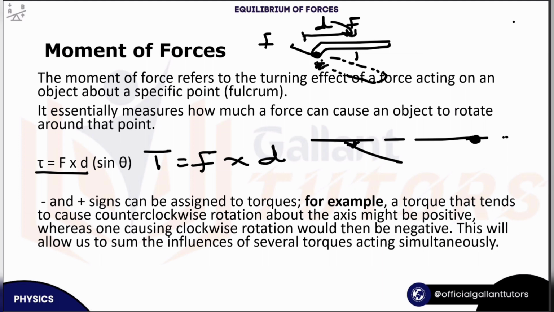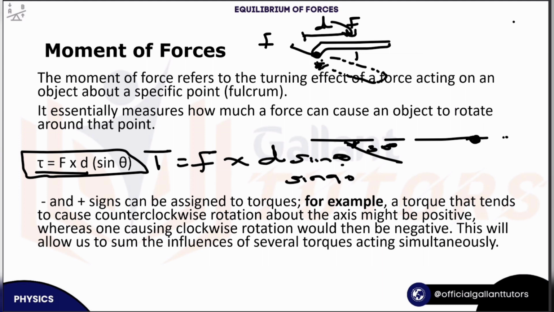Just use this in any scenario, which is what? Sine theta. If it was 90 degrees, you expect sine to be 1, right? So just ensure you remember the formula. Torque is equal to force times perpendicular distance times sine theta.